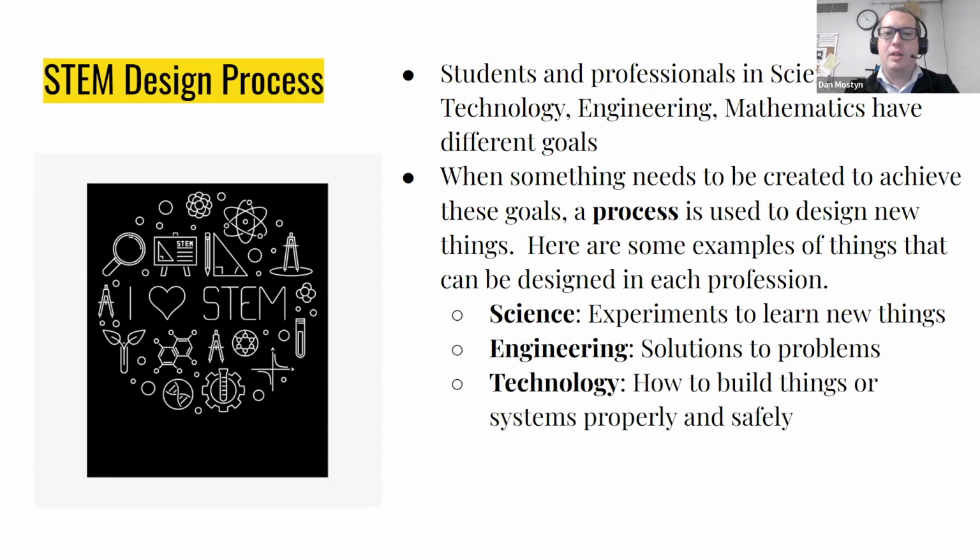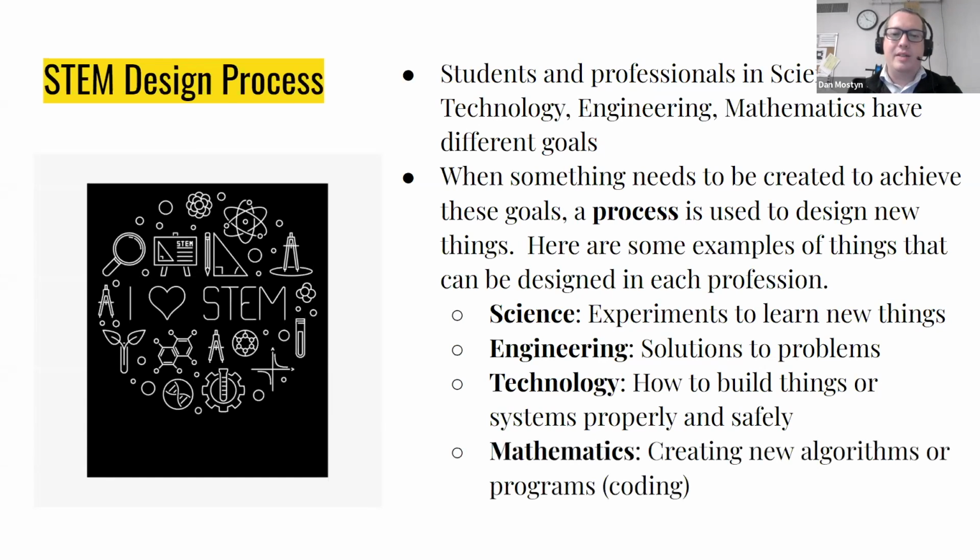People in technology, and I know I'm generalizing here, but this is a way to introduce STEM to a lot of students in a quick way. People in tech learn and apply skills to build things or systems that will work properly and safely. And an example for mathematicians, sometimes their goals have to do with new algorithms in terms of research, or programs and coding, I think, fit in with that math.